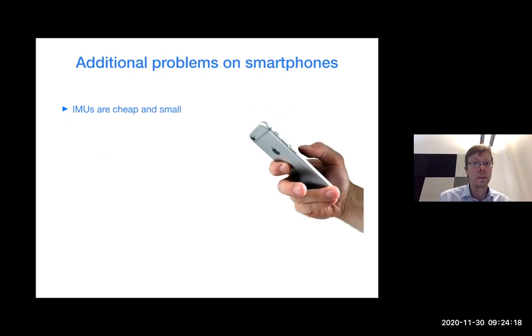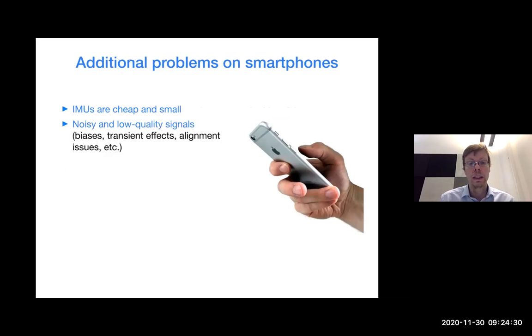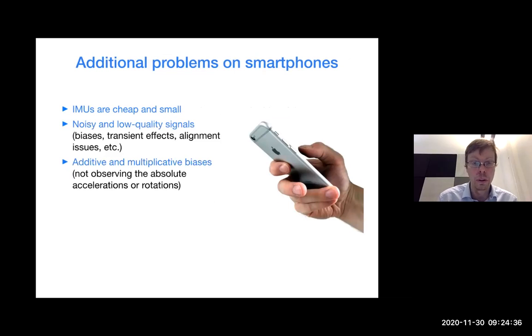And these problems are particularly challenging on smartphones because the inertial measurement units in these devices are cheap and small. The signals are noisy. There may also be unknown calibration parameters that may also vary in time. And the sampling frequencies are relatively low.